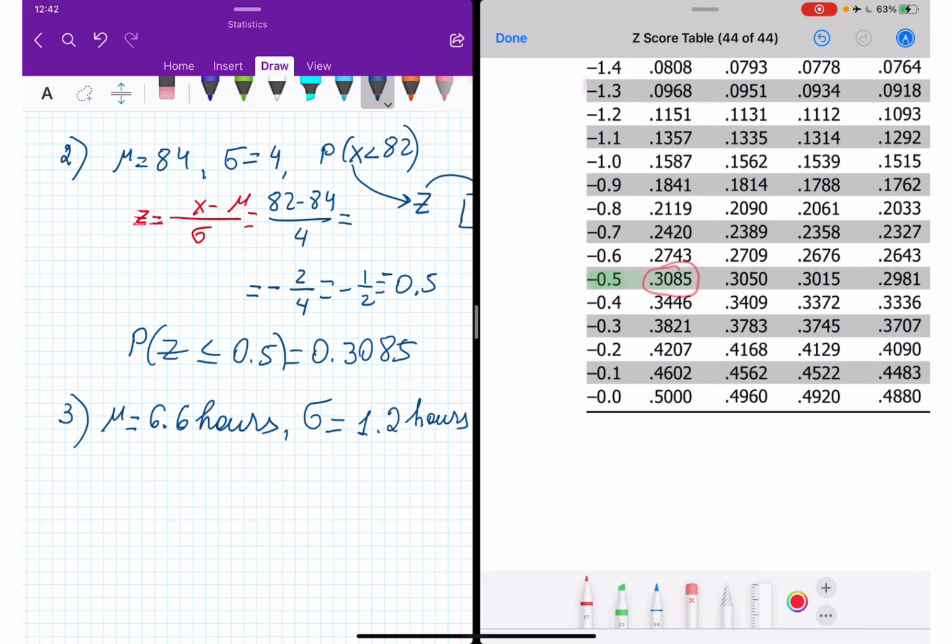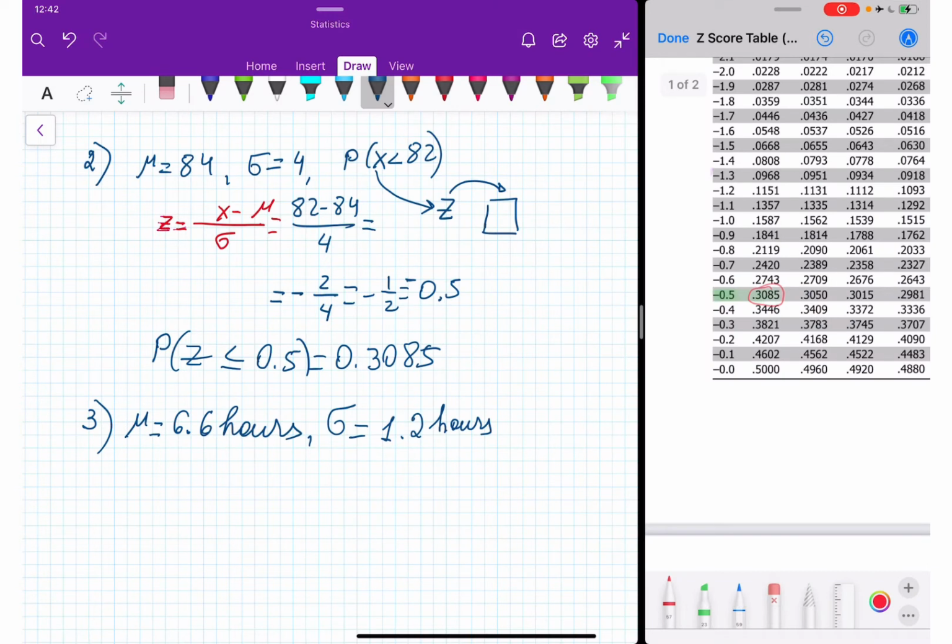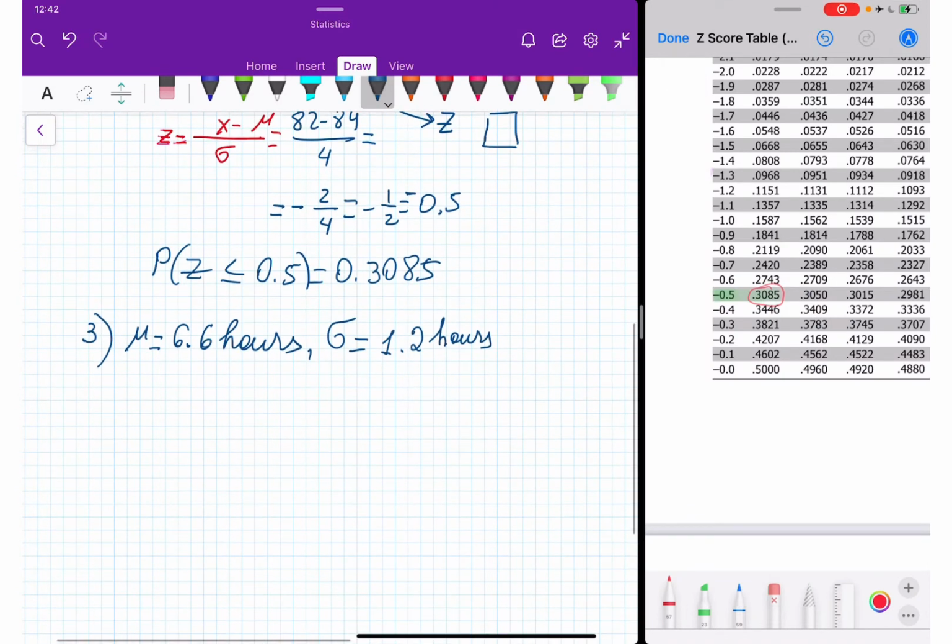A student is randomly selected. Find the following probabilities. Okay, so let me read one more time. The time per week a student uses a lab computer is normally distributed with a mean of 6.6 hours and standard deviation 1.2 hours. A student is randomly selected. Find the following probabilities.